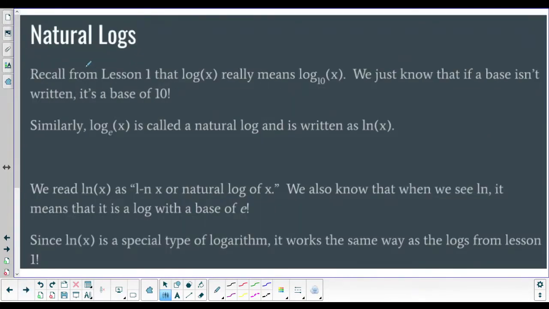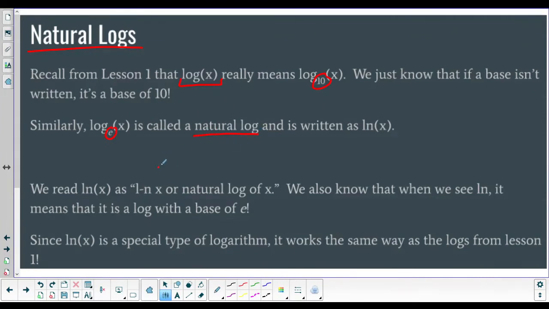So a natural log is what we're going to talk about today. You'll remember from last lesson that if you see just log with no base, the invisible base is 10. There is another similar log where they won't write the base, but it's implied. If the base is Euler's number E, this is a natural log.